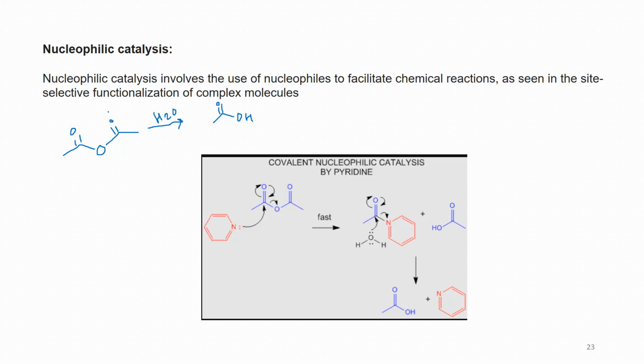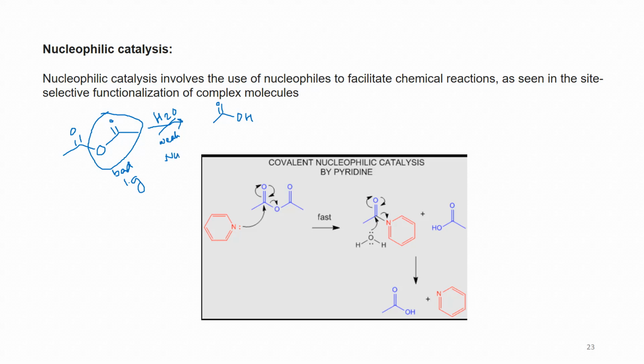Now in this reaction, this part we have to remove from the system. Now it's a bad leaving group, and water is a weak nucleophile. So it doesn't have that much power to displace a bad leaving group.